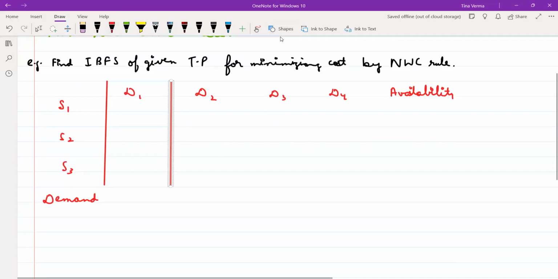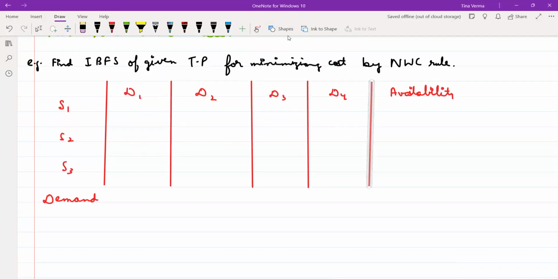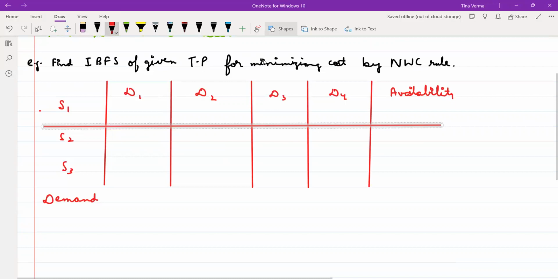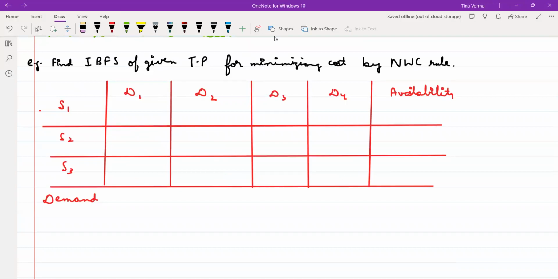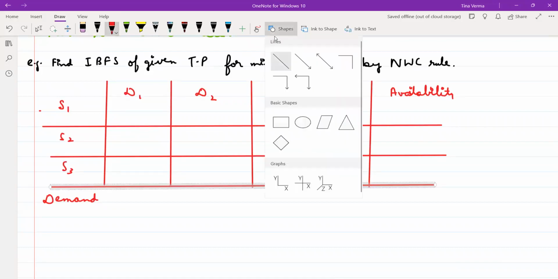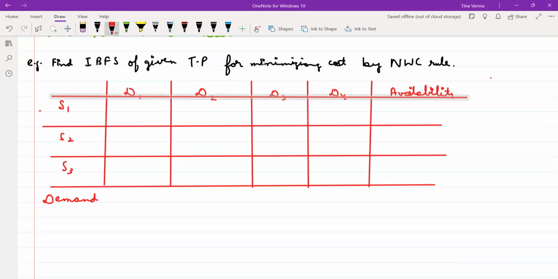These methods are very easy to apply, you just have to understand the concept of how we are proceeding. The transportation costs are given: 14, 56, 48, 27, and 13.